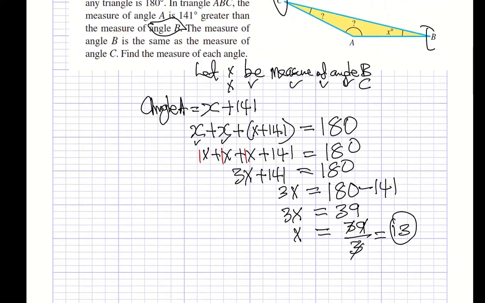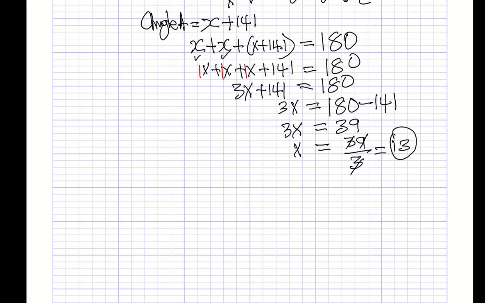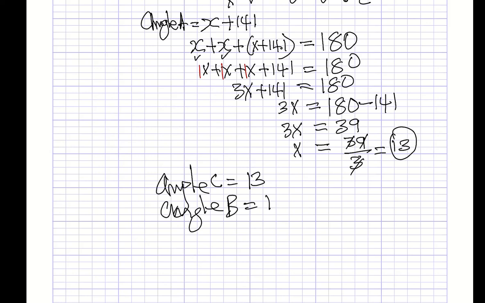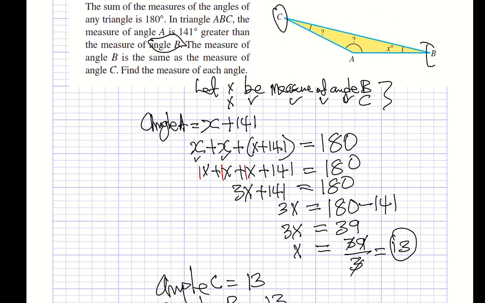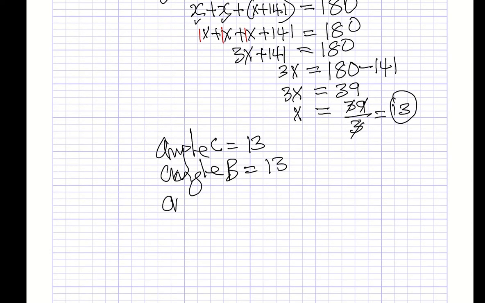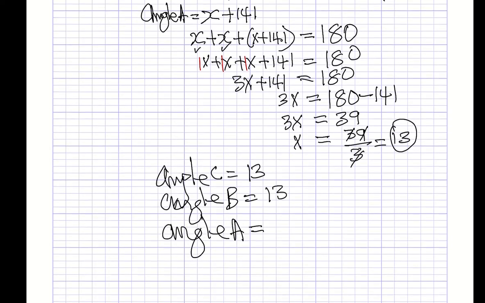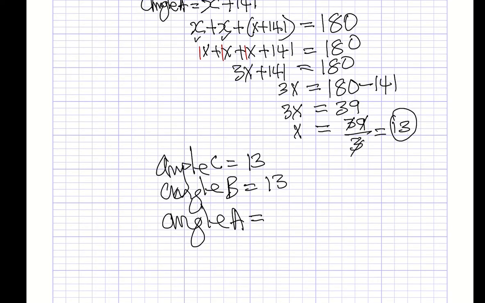So x is 13, which means angle C is 13 and angle B is 13, because we defined it here. Then angle A is equal to x plus 141.